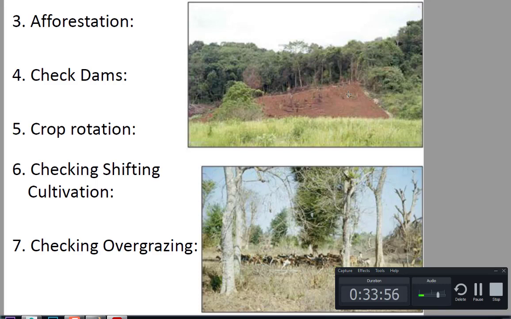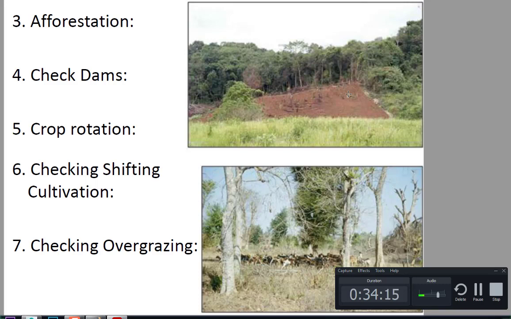So shifting cultivation is another issue which is responsible for the soil degradation. So we have to check the shifting cultivation process. However, this one is the traditional practice which is conducted by the tribal areas or the tribal people also.